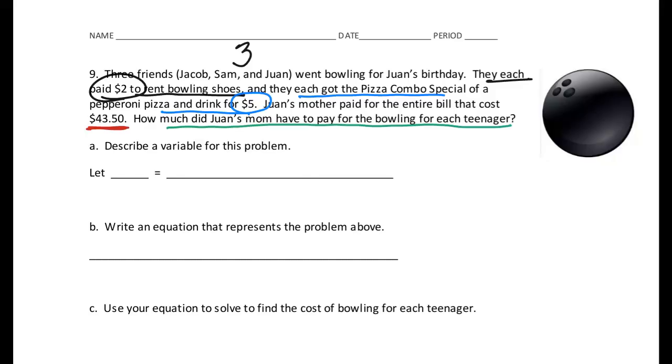I was going to say B for bowling, but okay, we can do T. So T is going to be the cost to bowl per person. Remember, I am collecting these tomorrow, so that should be an easy 10 points.